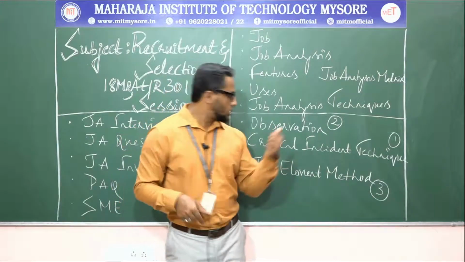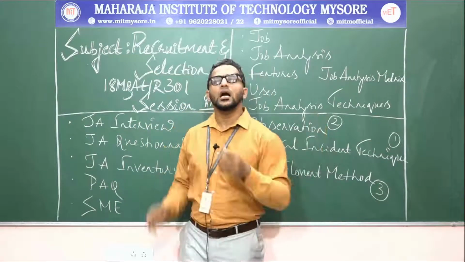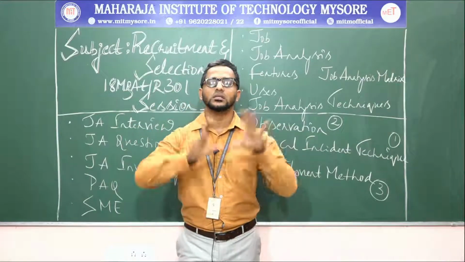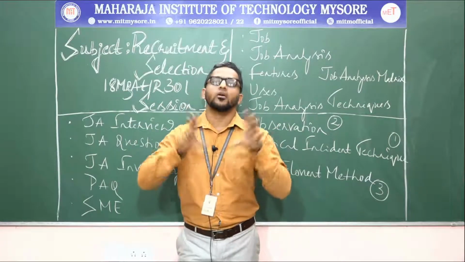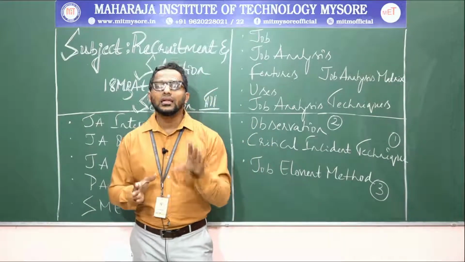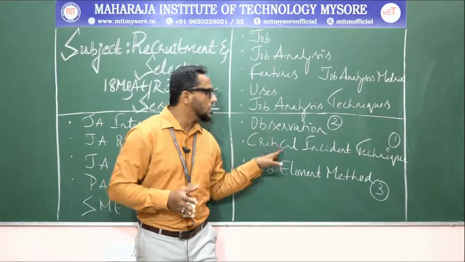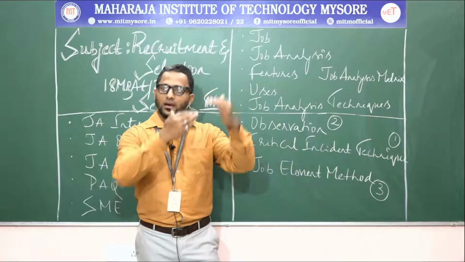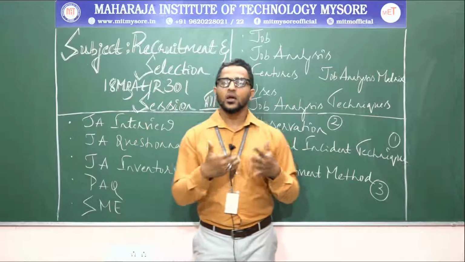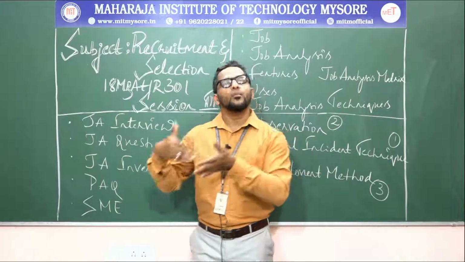What we can call this critical incident technique is a process. All methods are processes because they are systematically handled and structurally designed. It's a process designed to generate a list of especially good performance and poor performance.